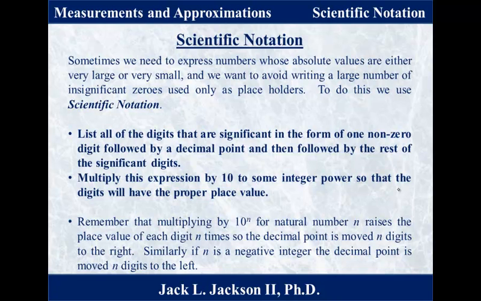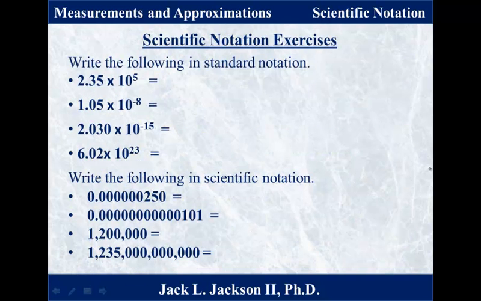Just remember what happens when you multiply by 10: everything jumps up one level in place value, and dividing by 10, it goes down one level. So multiplying by 10 to the n raises the place value of each digit n times, so the decimal point is moved n digits to the right. Similarly, if n is a negative integer, the decimal point is moved n digits to the left.